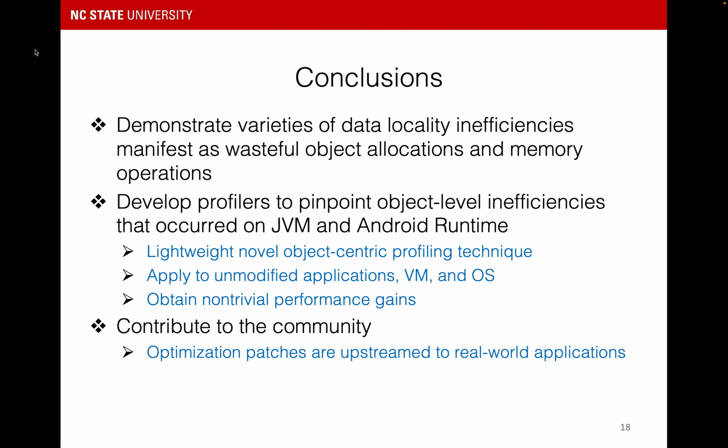DJXPerf takes advantage of lightweight, novel object-centric profiling techniques and can be applied to unmodified Java applications, virtual machines, and OS. Guided by DJXPerf, some Java applications obtain non-trivial performance gains. Also, this work has contributed to the community since some optimization patches are upstreamed to real-world Java applications.